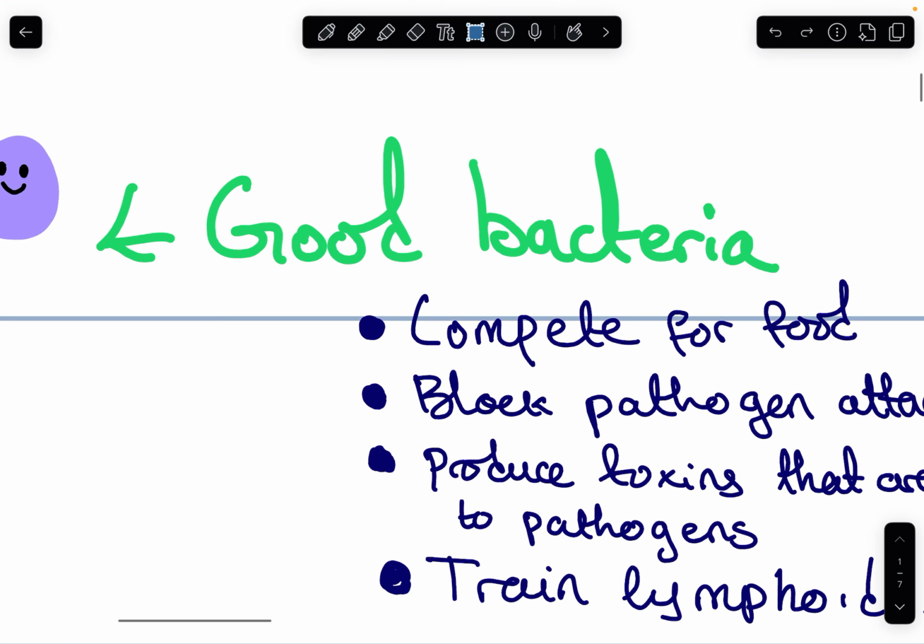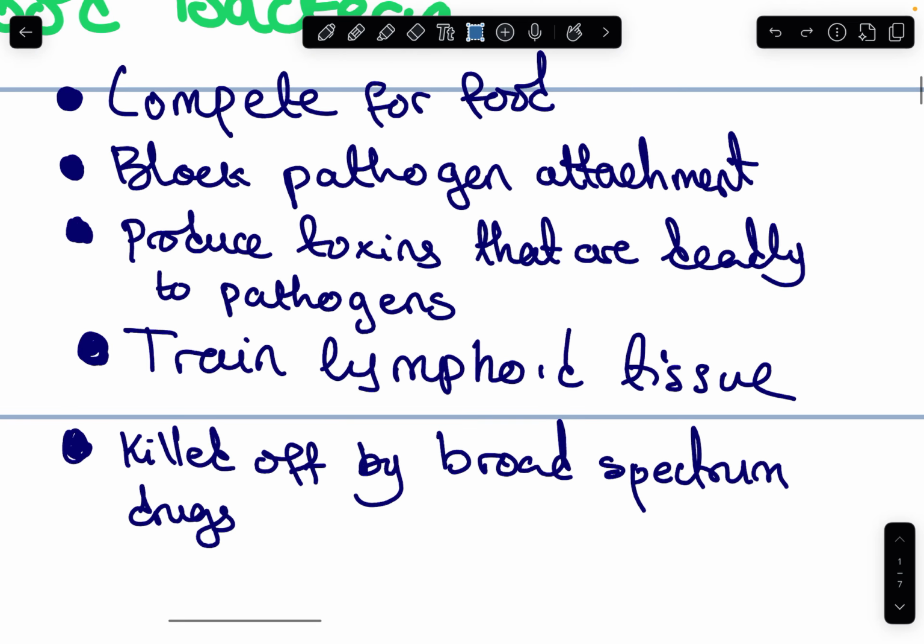It's the good bacteria. The next thing they do is that they produce toxins that are deadly to pathogens. One thing you need to remember is that bacteria are not animals, but for the sake of this analogy, I'm going to call them animals. In the wild, animals will do stuff to kill other animals to prevent them from coming into their zone.